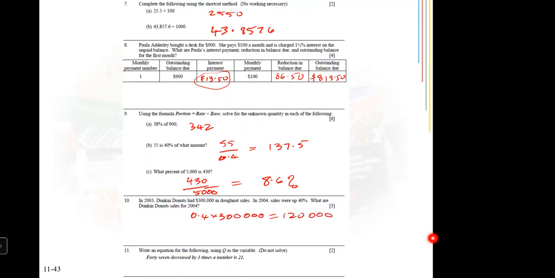And then you add that to the 300,000 to get 420,000. And then this last one was 47 minus 3Q equals 21.